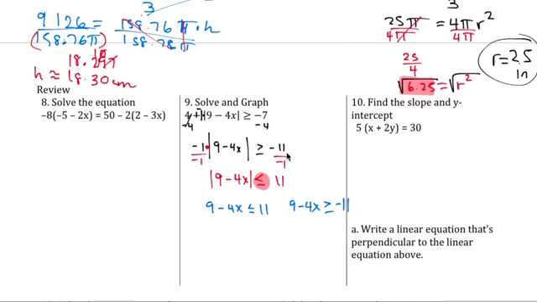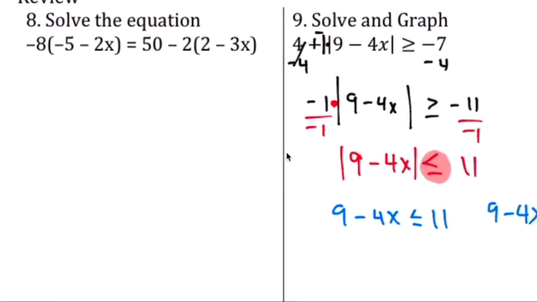Okay, now we solve this. Well, I hope you guys know how to solve these.